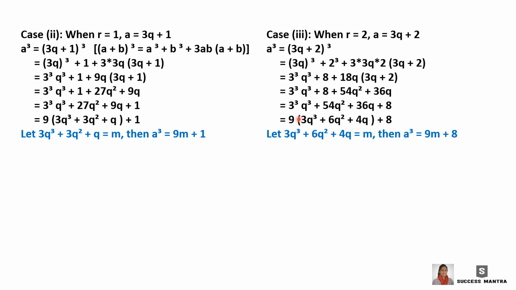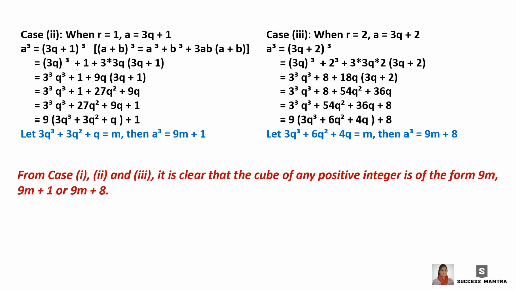If we substitute m for the bracket value, we get a cube is equal to 9m plus 8. That is, if a is equal to 3q plus 2, we get a cube is equal to 9m plus 8. So the third condition is also proved here. Therefore, we can conclude that from case 1, 2 and 3, it is clear that the cube of any positive integer is of the form 9m, 9m plus 1 or 9m plus 8.